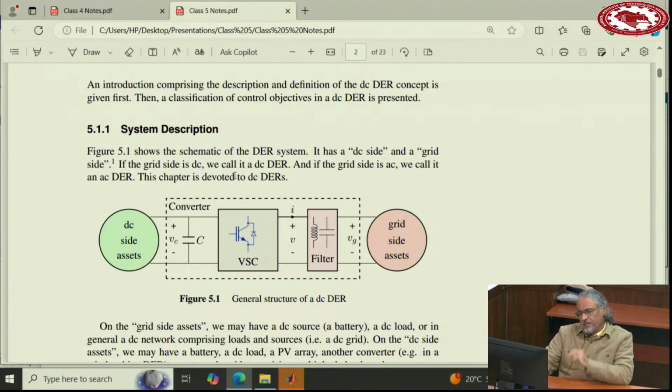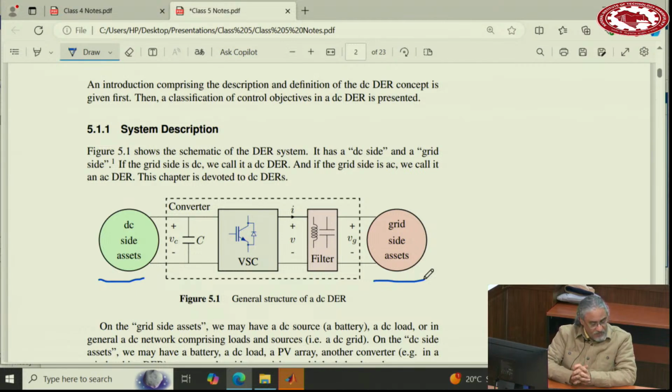Here basically we have two sides again. Both sides we consider to be DC in terms of form of electricity, but we do not specify what they are. They can be single units or a combination of units. And then we have a converter here, a single phase voltage source converter.